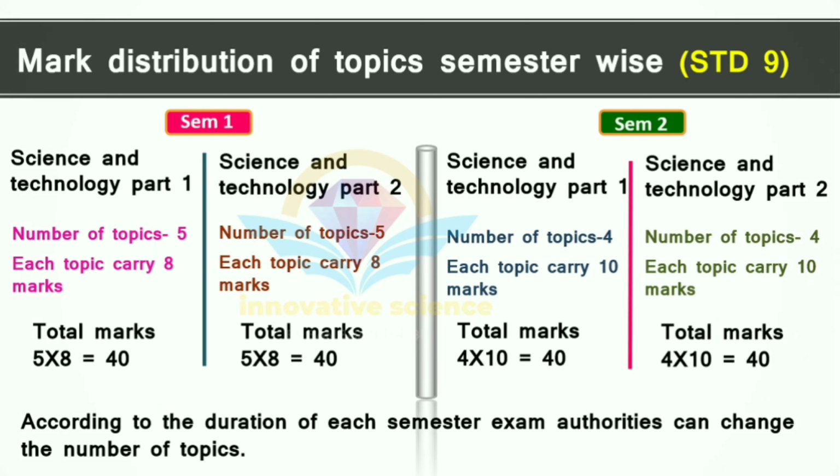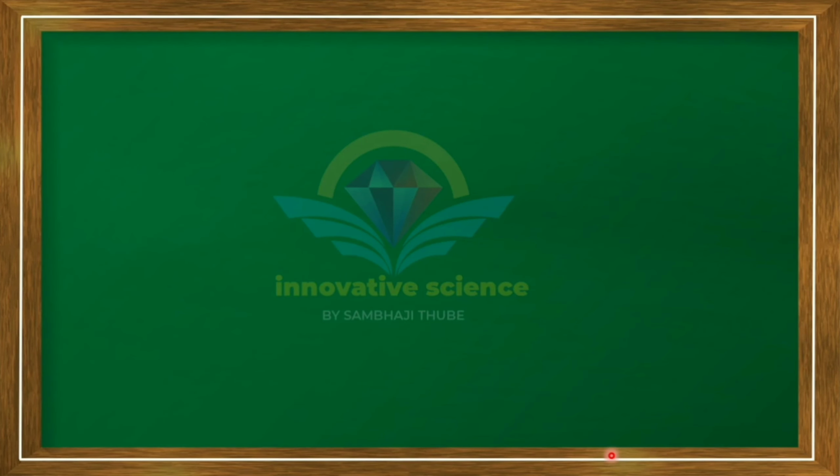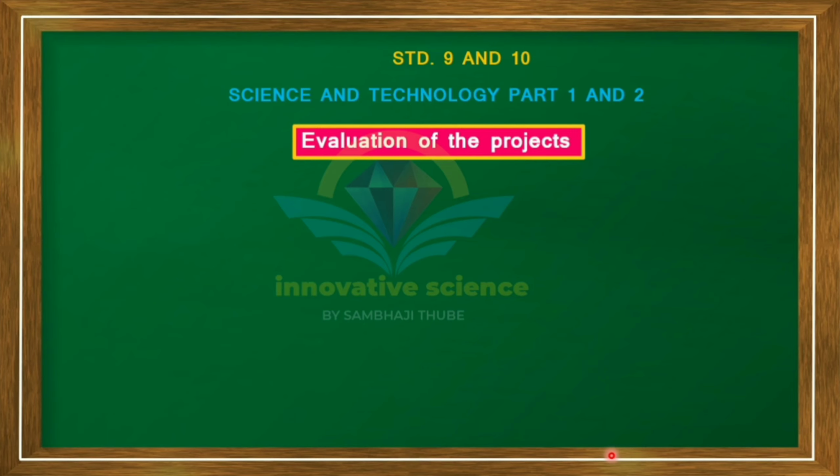Now, let us see the mark distribution for project. And this marking system is for standard 9th, 10th also. Science and Technology part 1 and part 2. Evaluation of the projects.